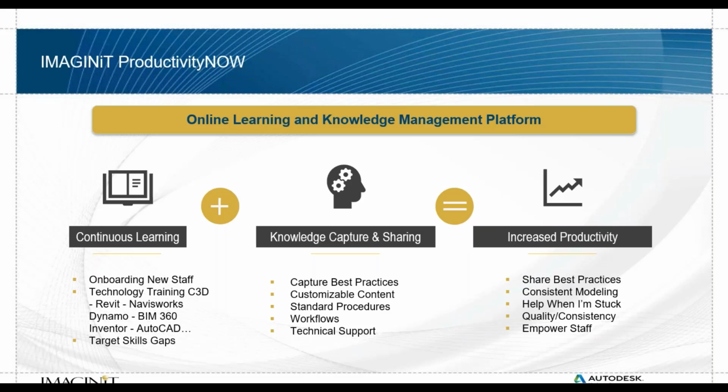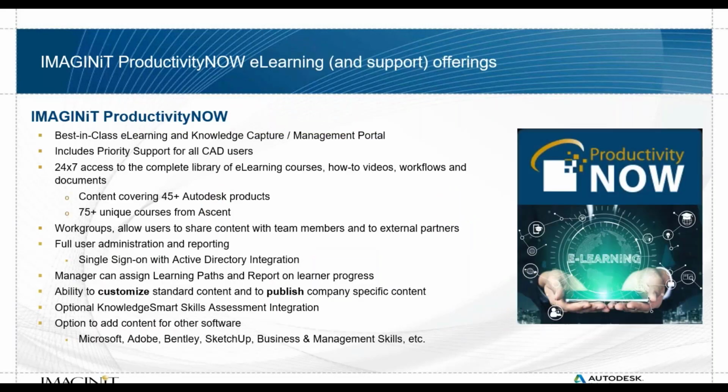Additionally, from the learning standpoint, it includes a very powerful reporting capability, which allows managers to monitor their users' progress, as well as to identify topics which are being frequently searched on, allowing you to get proactive. Instead of waiting till an issue becomes critical, you can jump on it and get ahead of the curve.